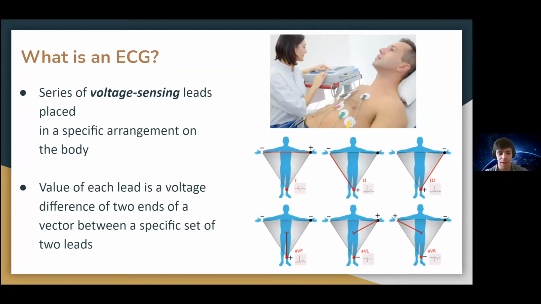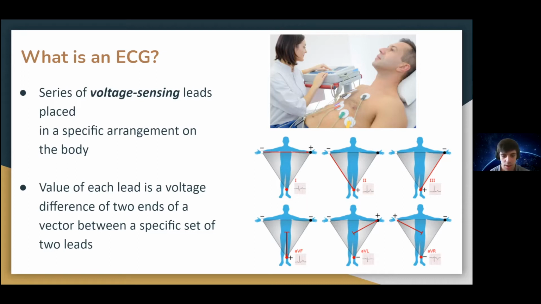So an ECG, as you can see, starts off with these stickies that are placed, usually by a nurse or a doctor, on your chest and on your arms and leg.